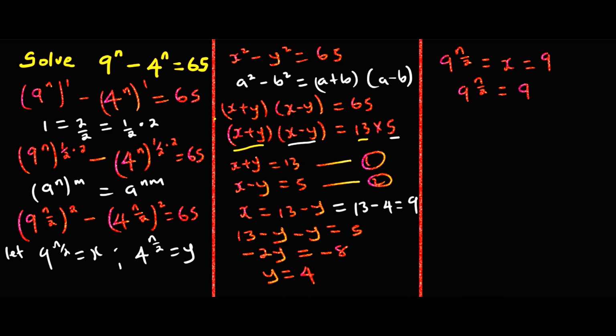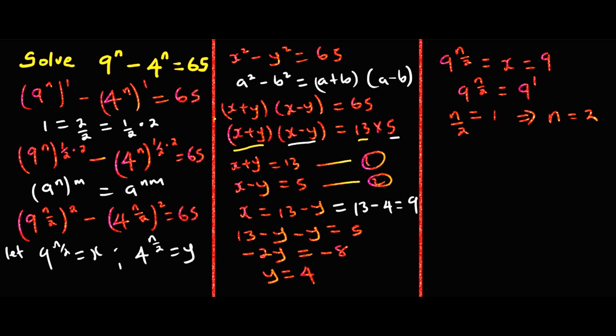Remember, we can write 9 as 9 raised to power 1. And you can see that the bases are the same, 9 and 9, so it means the powers are also the same. So it means n over 2 is 1. If you cross multiply, you're going to find that n is equal to 2. So it means the value of n is 2.